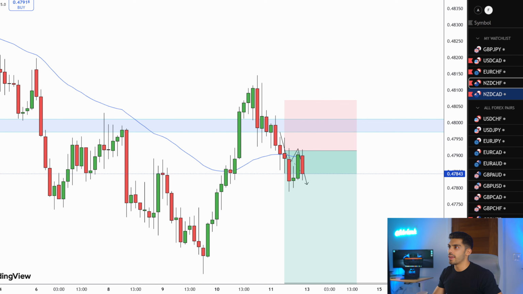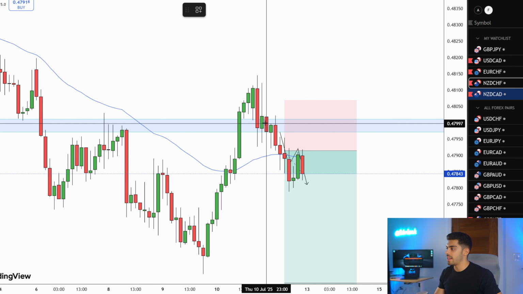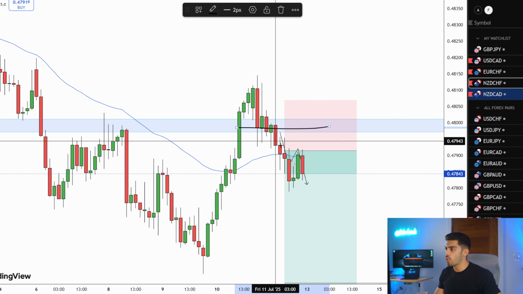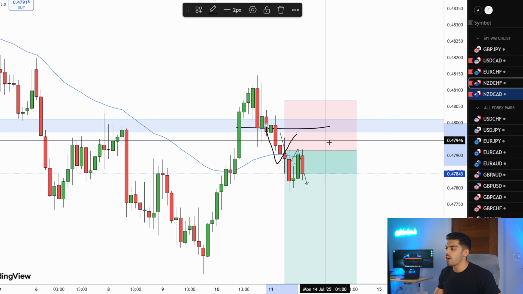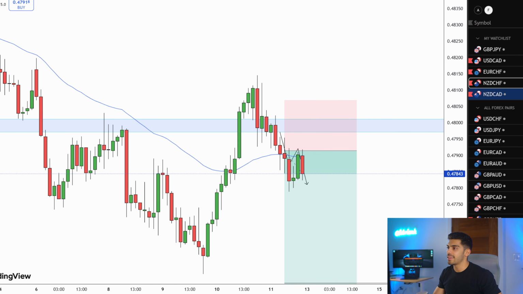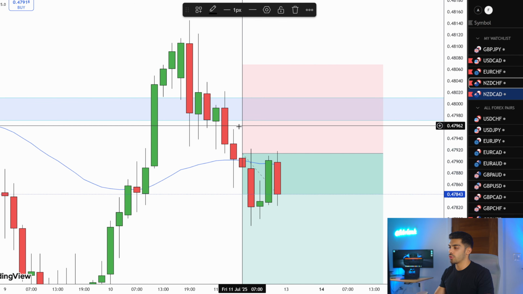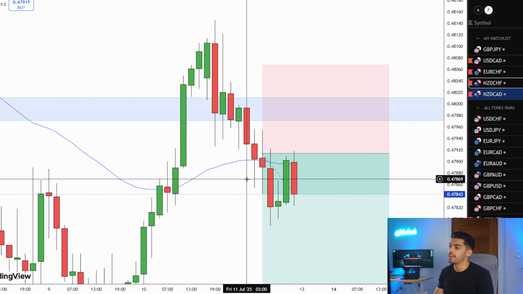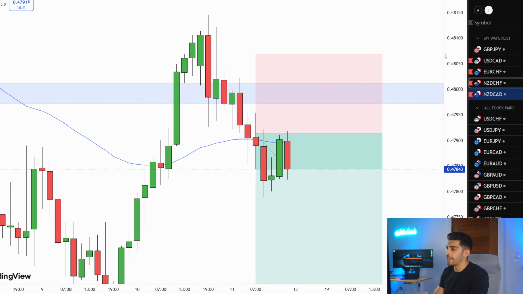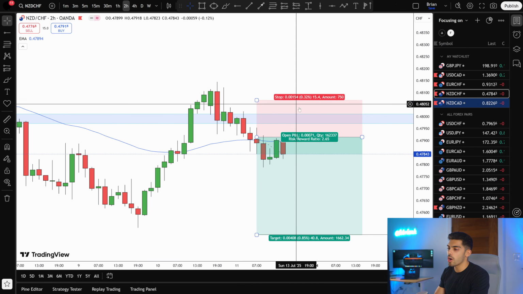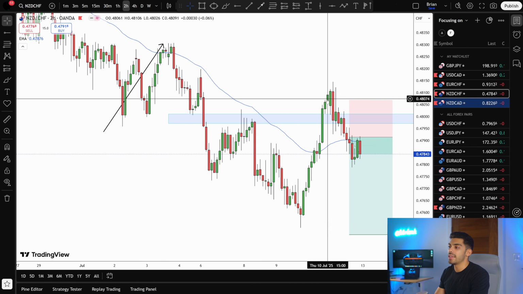So once I saw that, I just waited for price to start trading below 0.48. Price tried to come back up, retest into the 0.48 area of resistance, and price then rejected, and then we took sells going down.